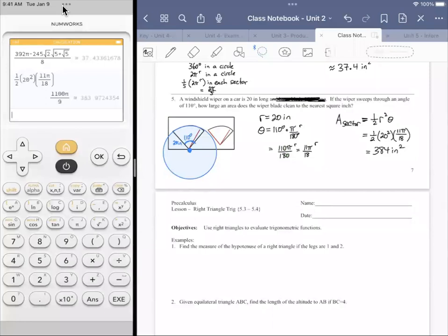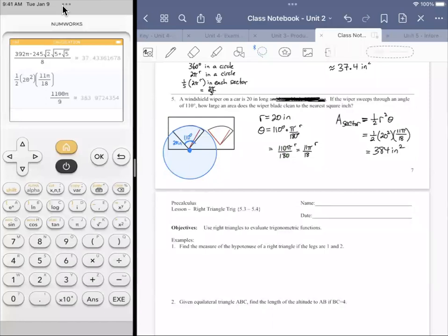All right. So got a few more minutes. We're going to talk a little bit about SOHCAHTOA, right triangle trig. We kind of started off discussing it, but it didn't really go anywhere because we spent a lot of time with the unit circle, which is really important.